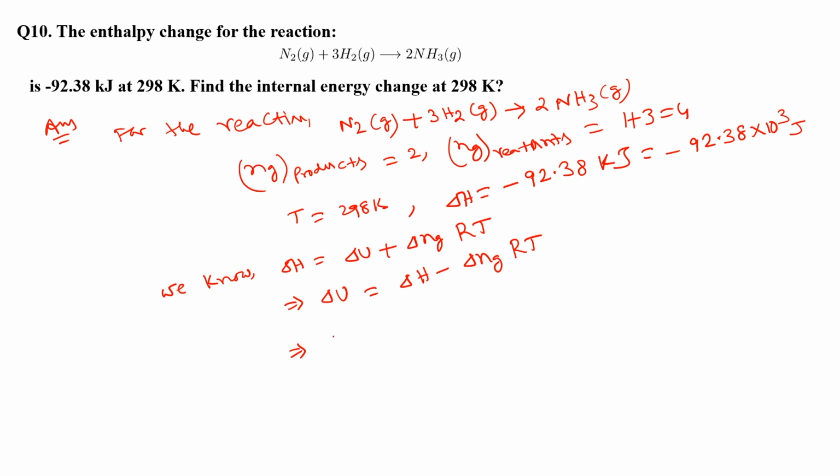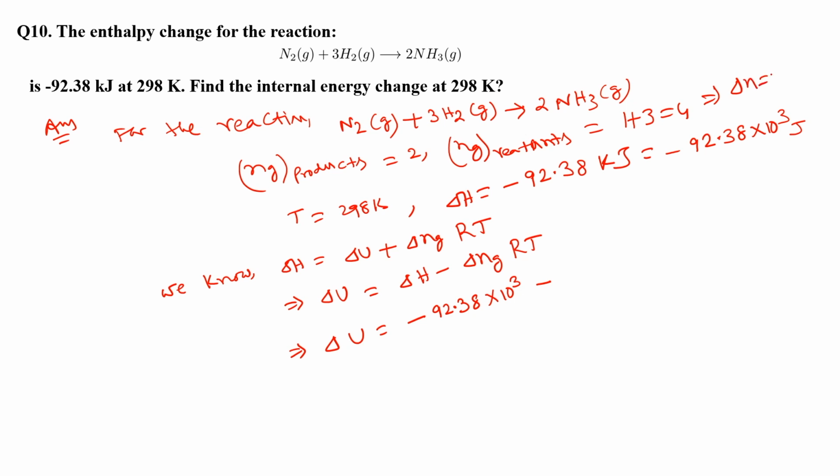Now, if we substitute the values of delta H, delta Ng, R, T, we get delta U is minus 92.38 times 10 to the 3 joules minus delta Ng value.